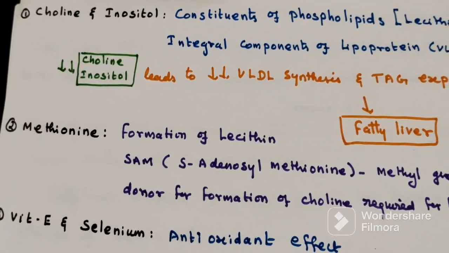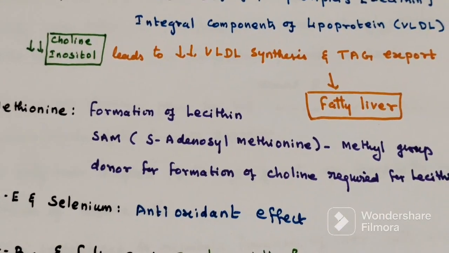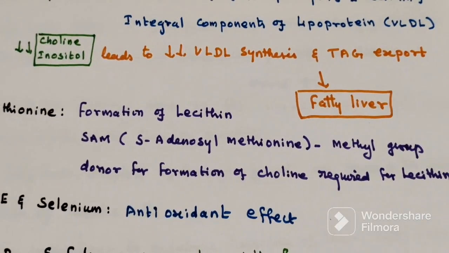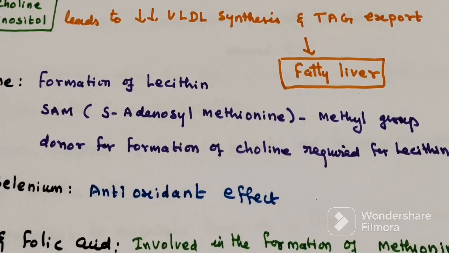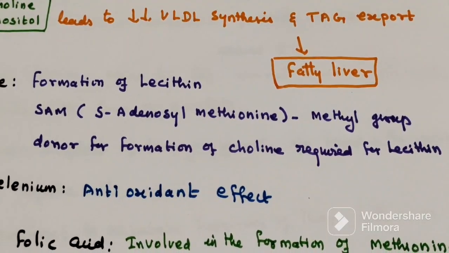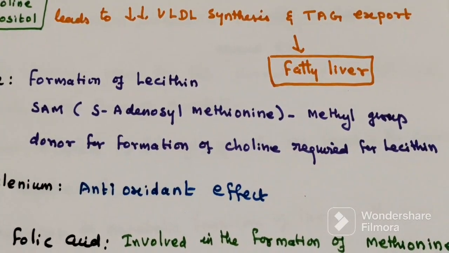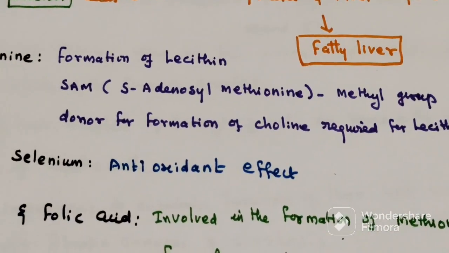How is methionine important? It is required for formation of lecithin. The active form of methionine is S-adenosyl methionine. It is a methyl group donor for formation of choline required for lecithin. So methionine is also a lipotropic factor.